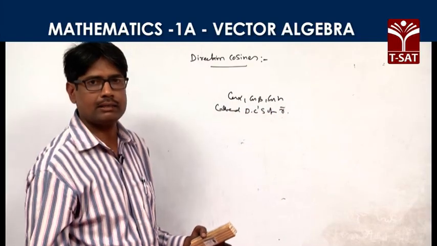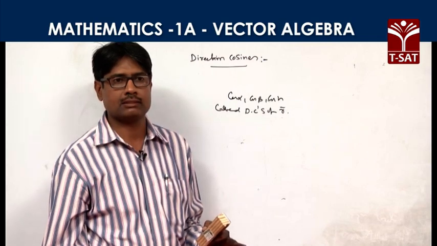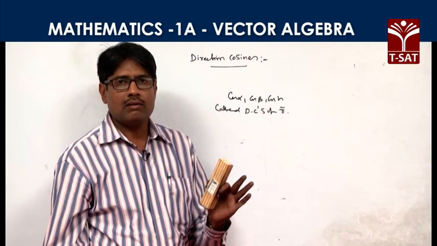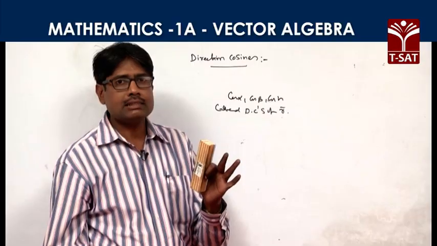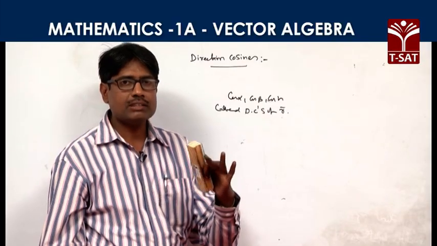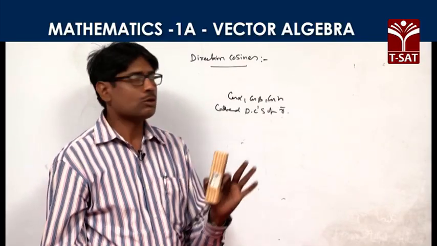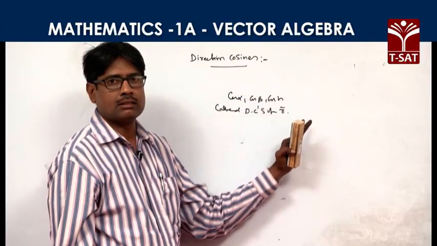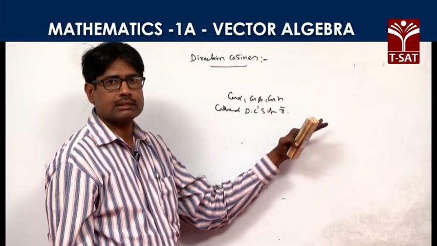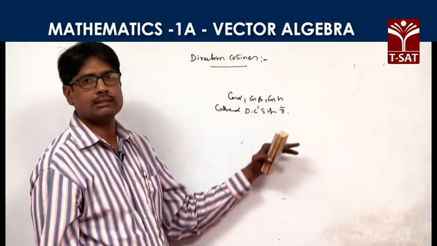I will repeat the definition of the direction cosines. Alpha, beta, gamma are angles made by a vector r bar with the coordinate axes, then the cosines of the angles cos alpha, cos beta, cos gamma are called direction cosines of r bar.